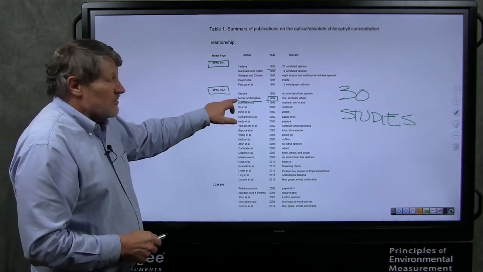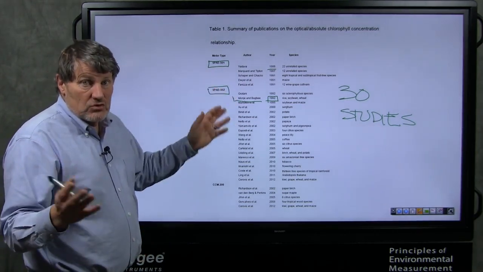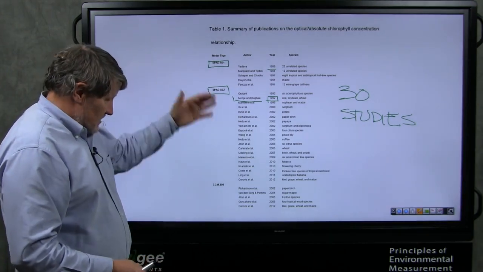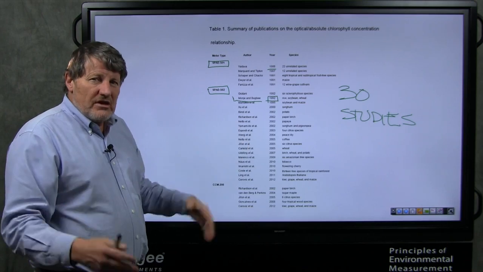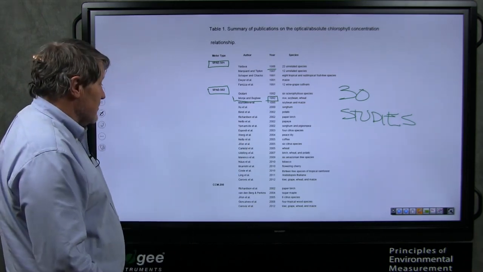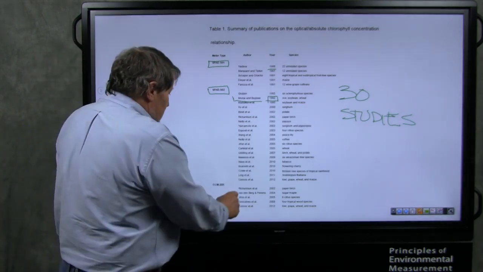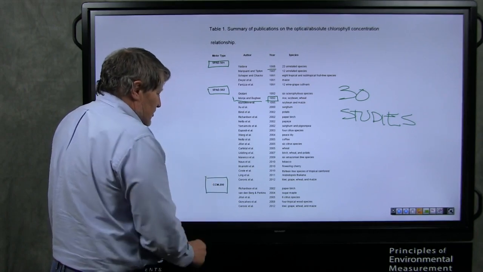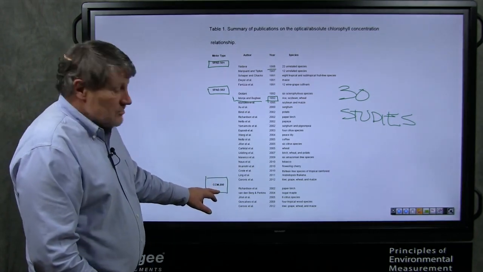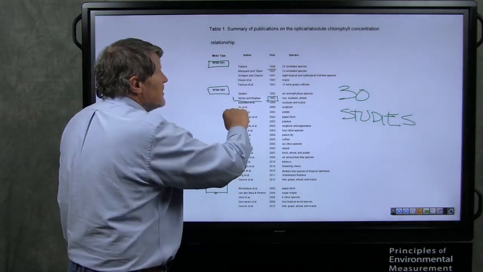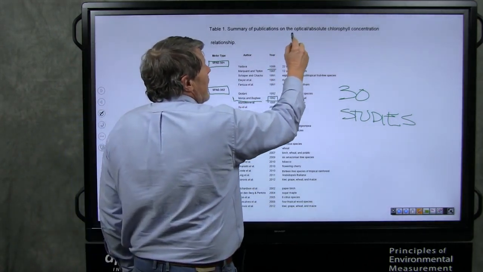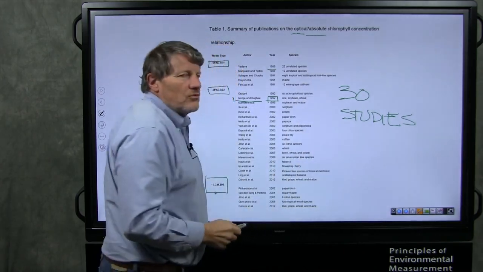This paper turns out to be one of my top five most highly cited papers because we discussed the inherent limitations of doing this back in 1992. Then about 10 years later, papers start to show up with an OptiSciences meter, the CCM-200, getting what we call the optical absolute relationship.